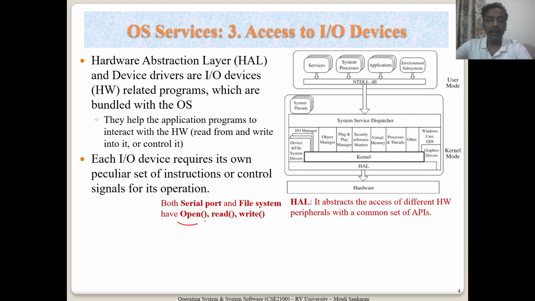So if you want to operate or read from a keyboard, it needs to be opened and then you have to read it. You cannot write into a keyboard, but if it's a display, you will be writing into the display. But even to write into the display, you should open a device, which is the display device. It's similar to that. Even the serial port you need to open.